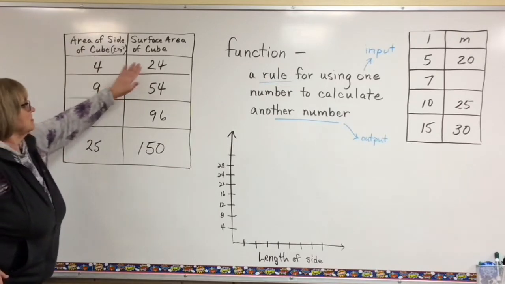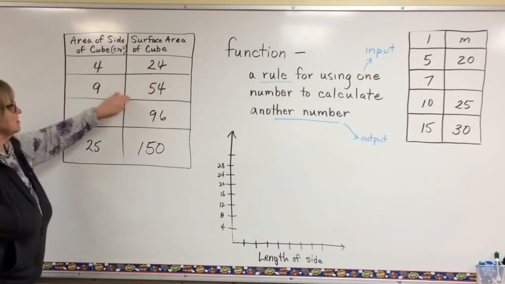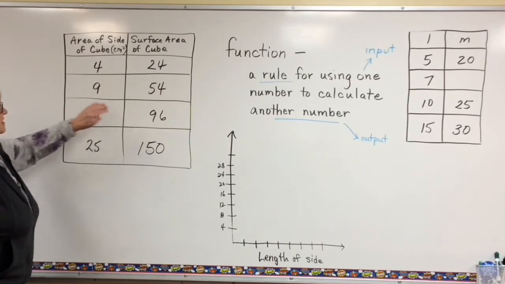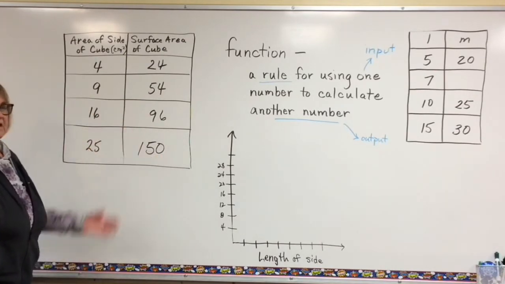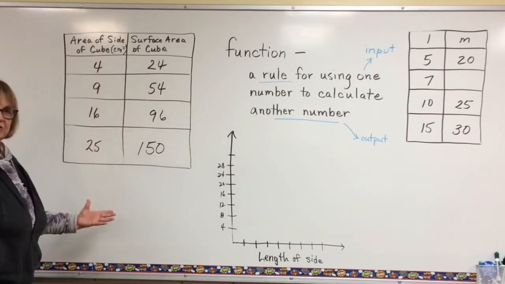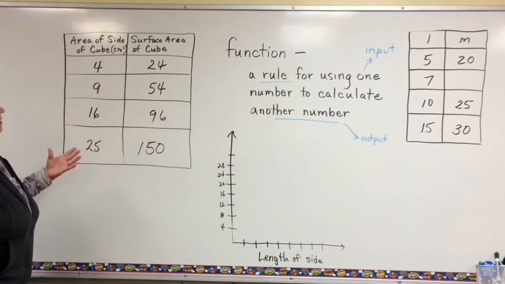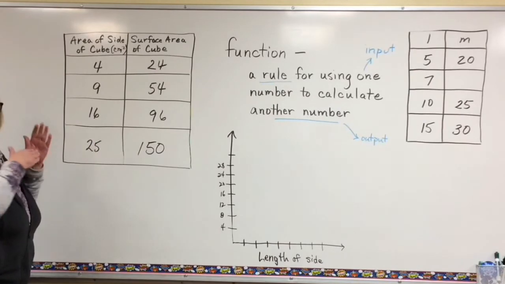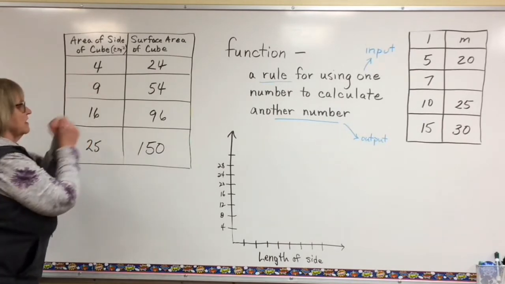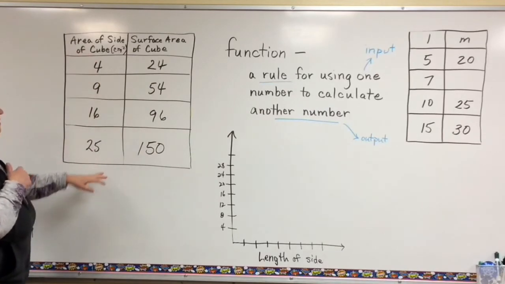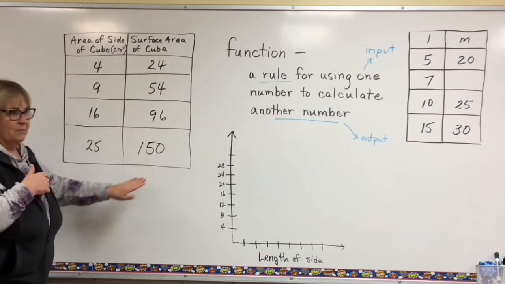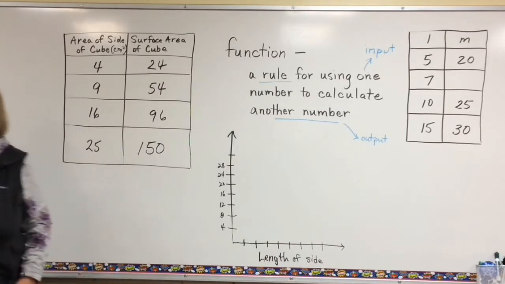So 4 times 6 is 24, 9 times 6 is 54, 16 times 6 is 96, and 25 times 6 is 150. This is an example of a function. It is a rule, and the rule is this times 6 gives us this. This is our input number, this is our output number, and therefore we have a function.